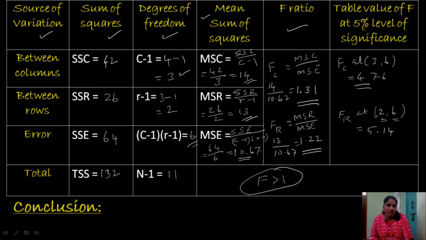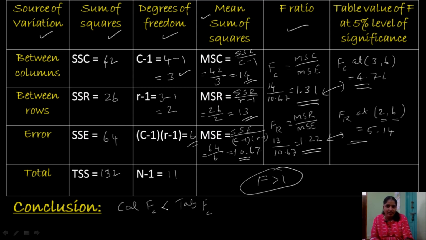Now, after finding the table values, we compare these two values between rows and also columns. Let me first compare the calculated value of FC with the table value of FC, that is for column ratio. This is 1.31, whereas the table value is 4.76.